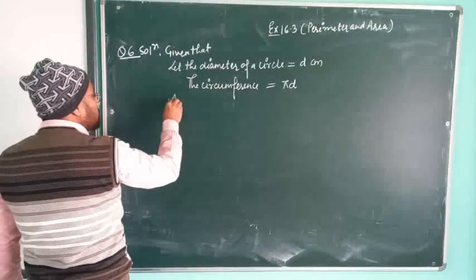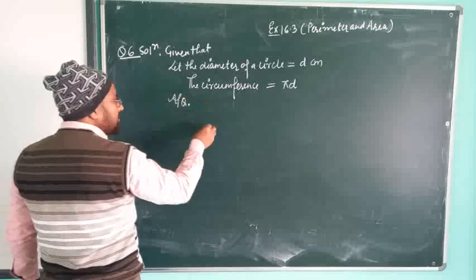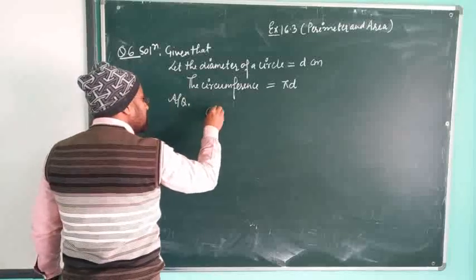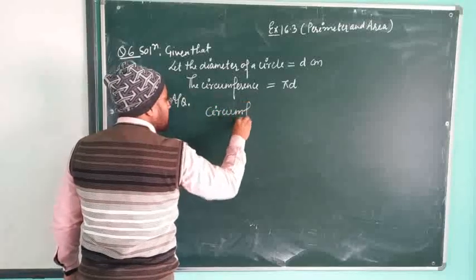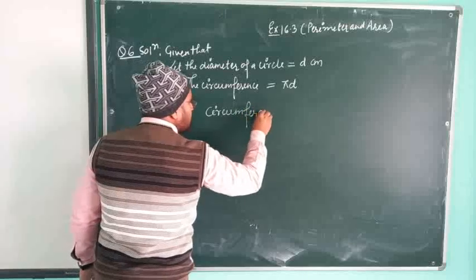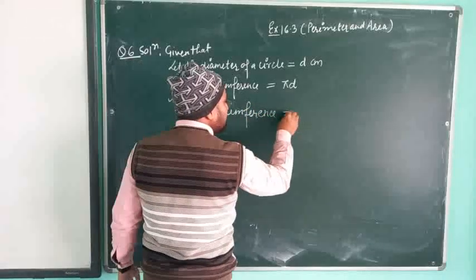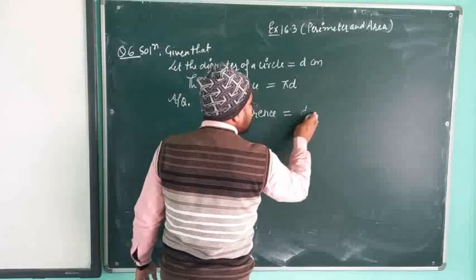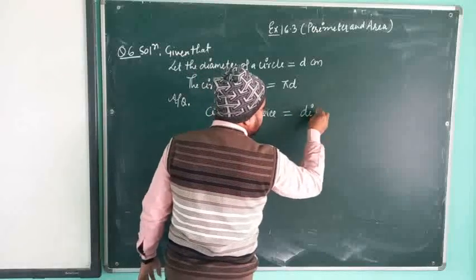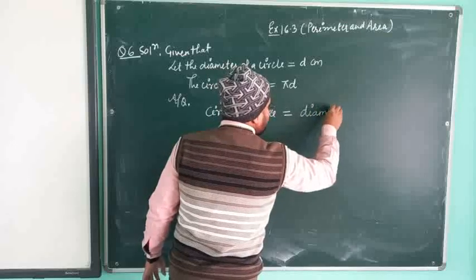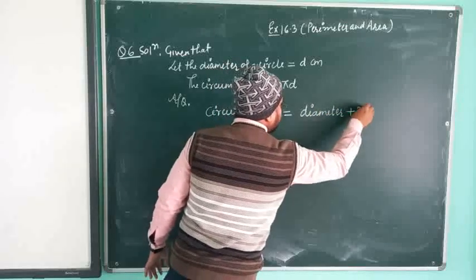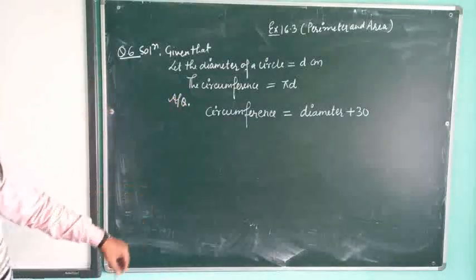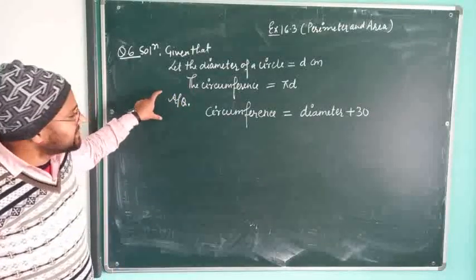According to the question, the circumference of the circle exceeds the diameter by 30 centimeter, so we add 30 to the diameter. This is the given condition.